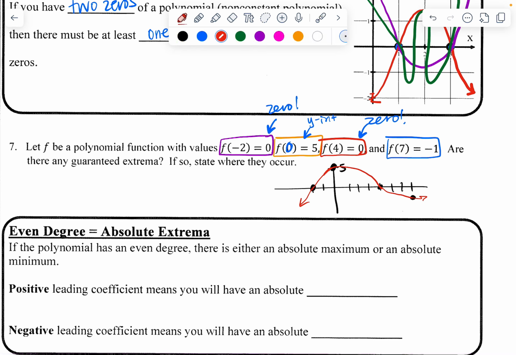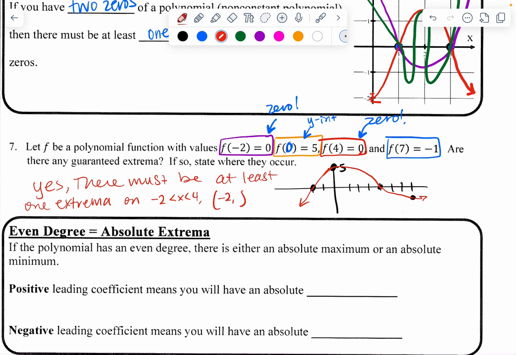So we say yes, there must be at least one extrema on the interval between -2 and 4. We can also call this the interval from -2 to 4 in interval notation, okay?